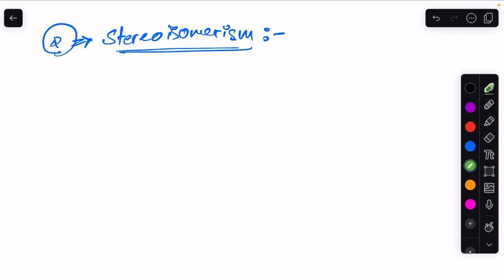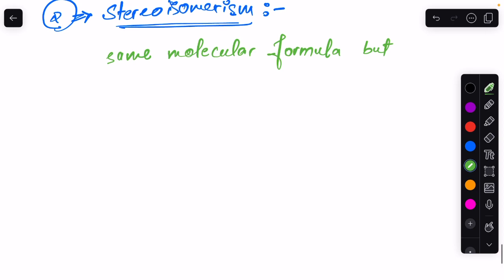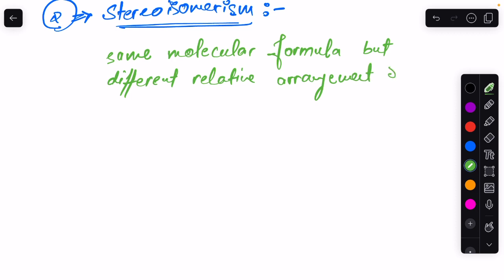In case of stereoisomerism, two or more isomers have the same structural formula or molecular formula, but different relative arrangement of atoms or groups in space.